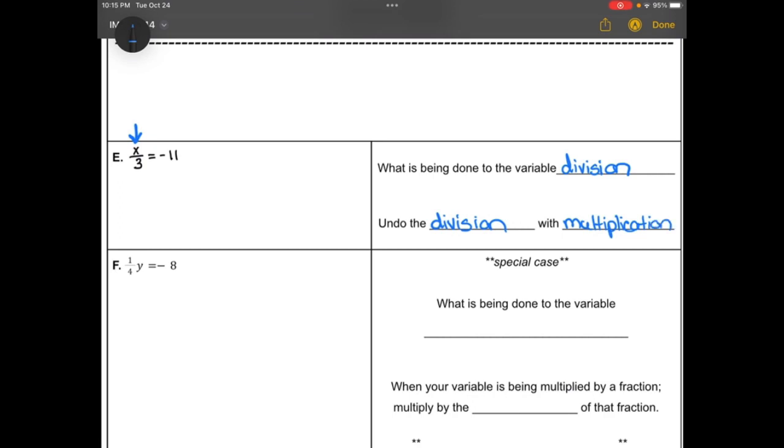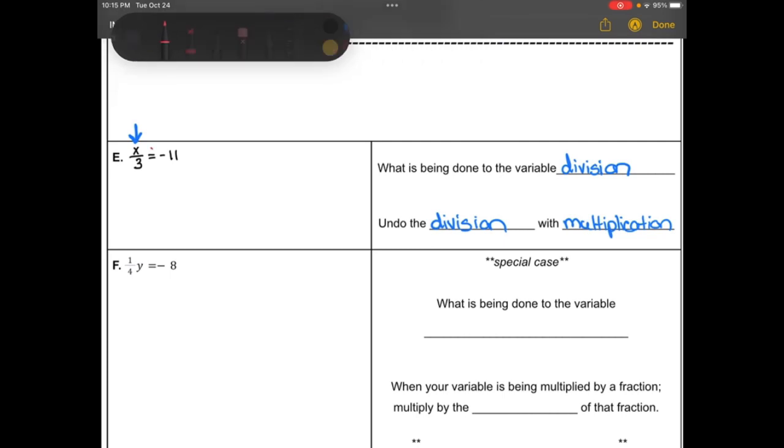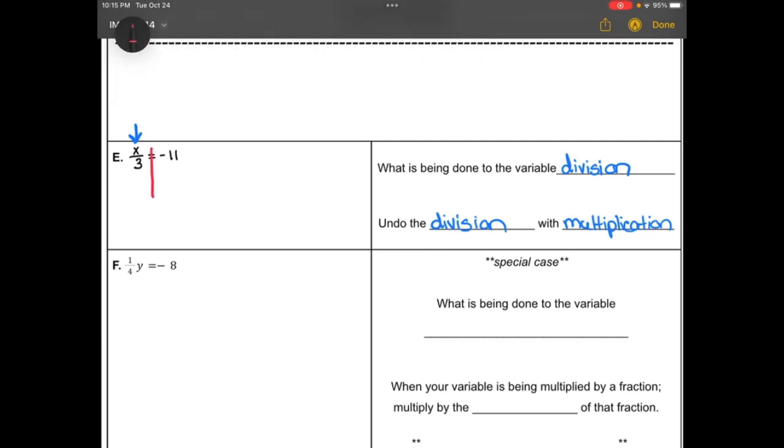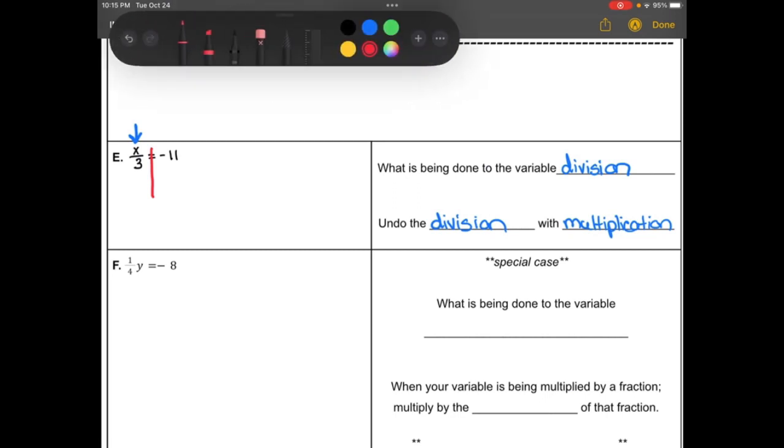Let's look at this. I'm still going to draw a line down my equal sign, and I'm still going to follow the same golden rule. What you do to one side, you must do to the other. So if the x is being divided by 3, the inverse of division is multiplication.